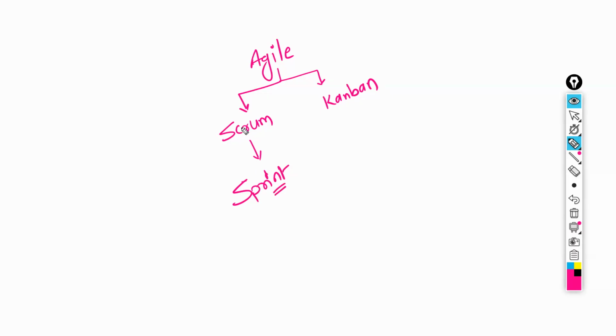If you're going with Agile, it's not just going to be Agile. Either it is going to be Agile Scrum or it is going to be Agile Kanban. That's how it is going to be. So we'll talk about both of these.